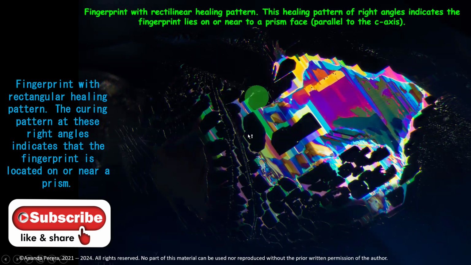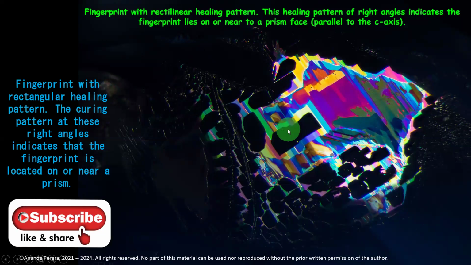So this multicolor fingerprint shows us it is located on or near a prism shape. Because of these rectangular shapes, we can tell that.